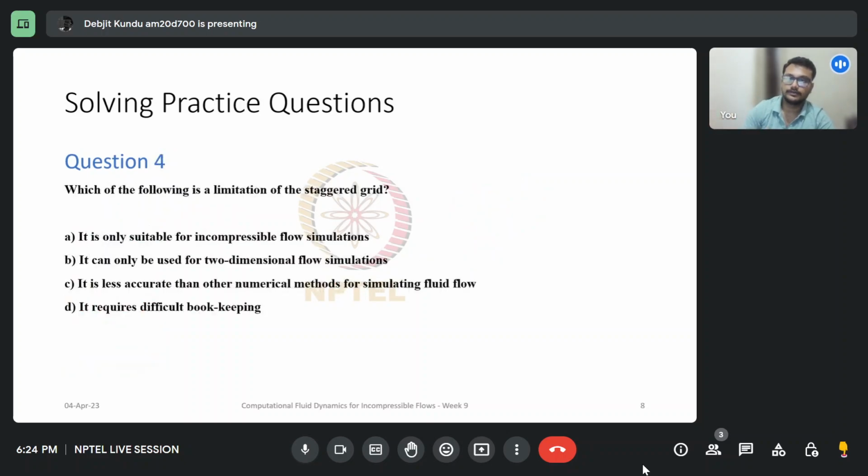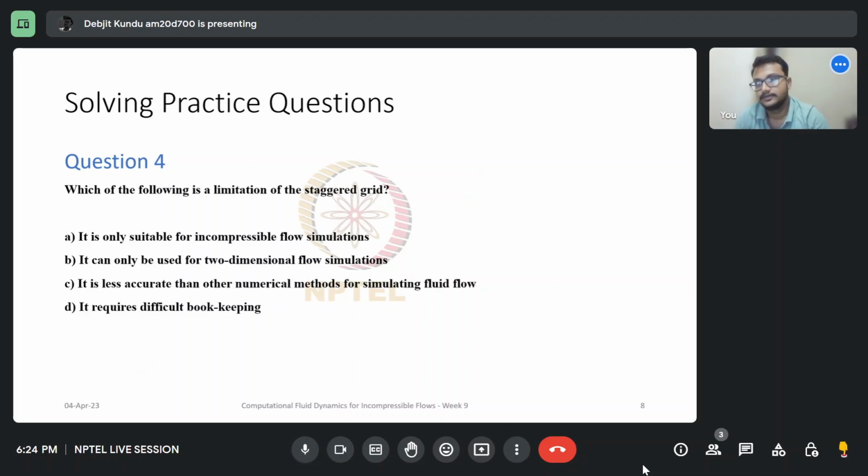Moving on, we will move on to question number 4 of today's session, which is asking us which of the following is a limitation of the staggered grid. So, is it option A? It is only suitable for incompressible flow simulations. Option B, it can be only used for two-dimensional flow simulations.